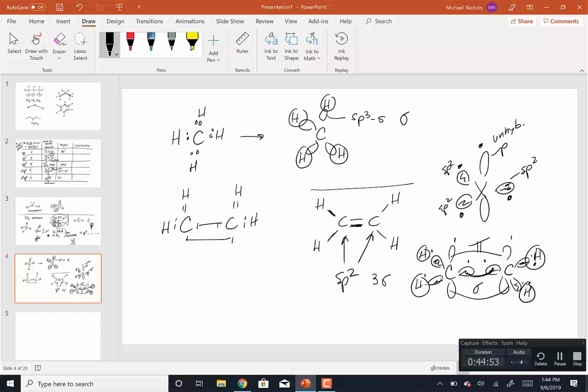So again, in terms of complexity, the Lewis dot structure is simple, and the orbital picture is a little bit more descriptive in terms of how I'm forming the bonds. So that's how we handle multiple bonds. A couple things. Okay, still with me?